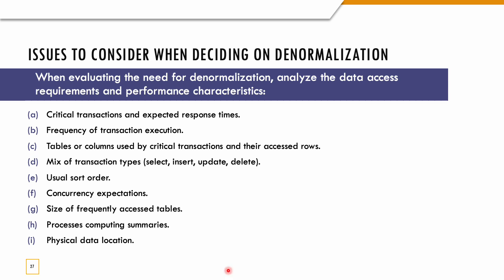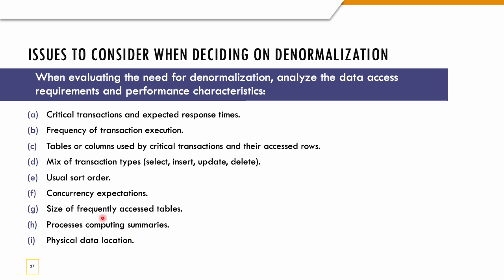Concurrency expectation. Consider the expected number of simultaneous users. If high concurrency is required, denormalization may cause contention in writes and should be carefully evaluated.